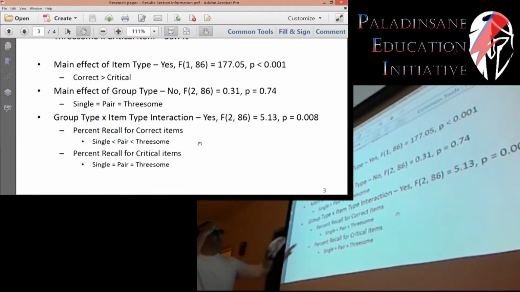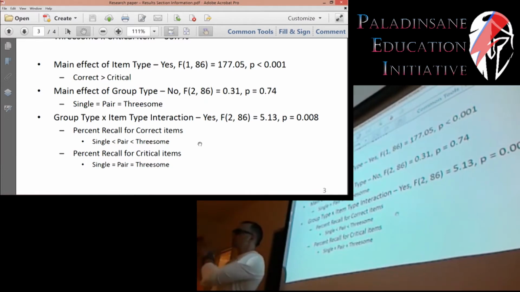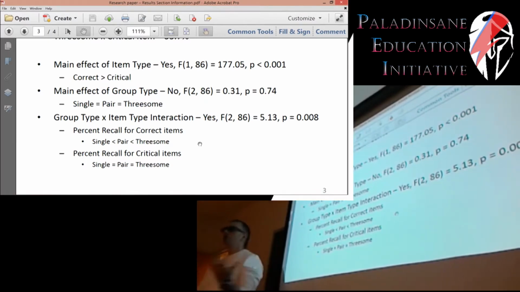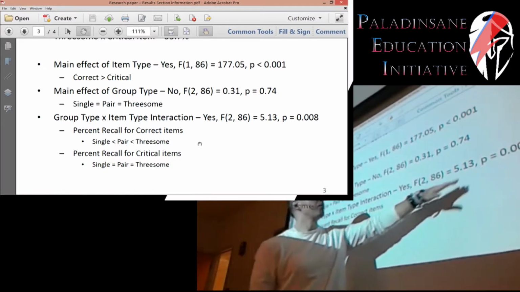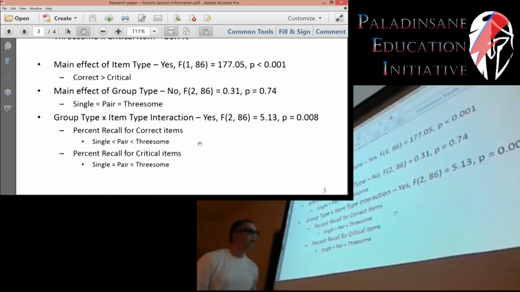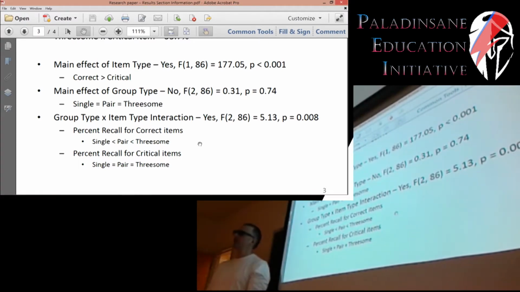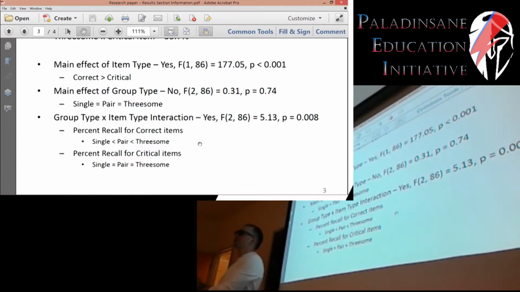And then finally, for the group type times item type interaction, did group size interact with the type of item to change the effects? The answer there is yes. There's the stats to back it up. And basically what this means is that if there's an interaction, there's a different story for correct items compared to critical items.